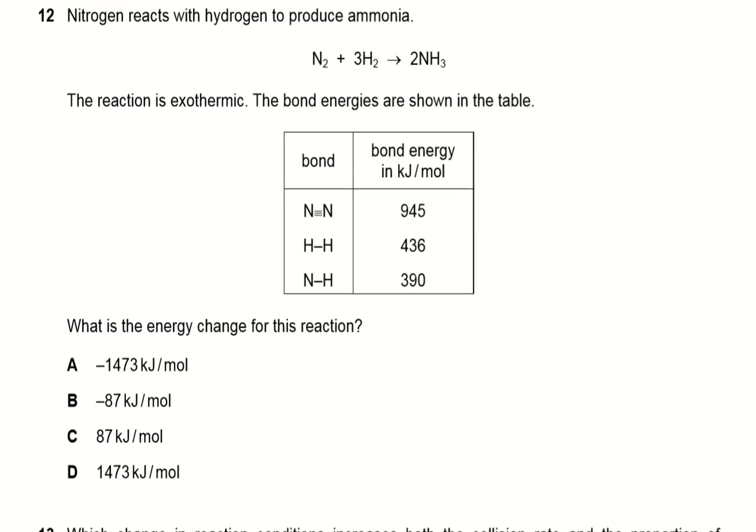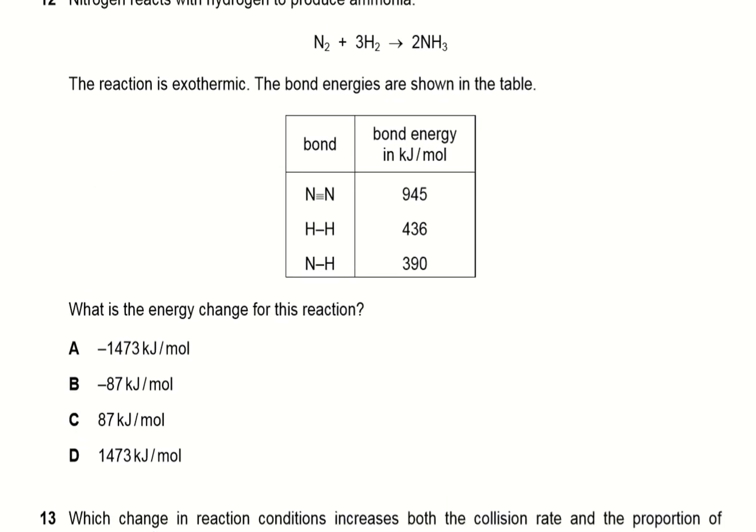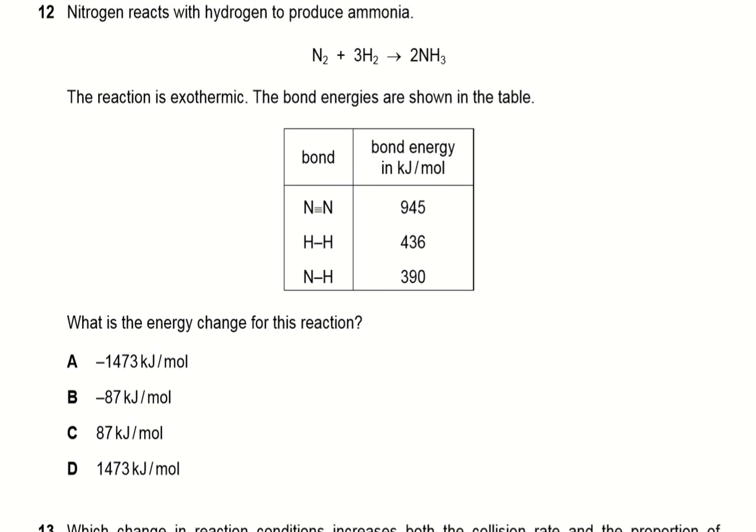Now question 12. Nitrogen reacts with hydrogen to produce ammonia. The reaction is exothermic. The bond energies are shown in the table. So here we want to do enthalpy, calculating bond energy. In order to be able to solve a problem like this, you need a sound understanding of your covalent bonding.